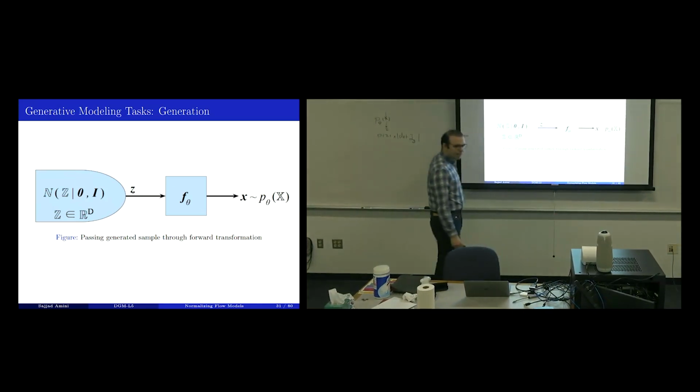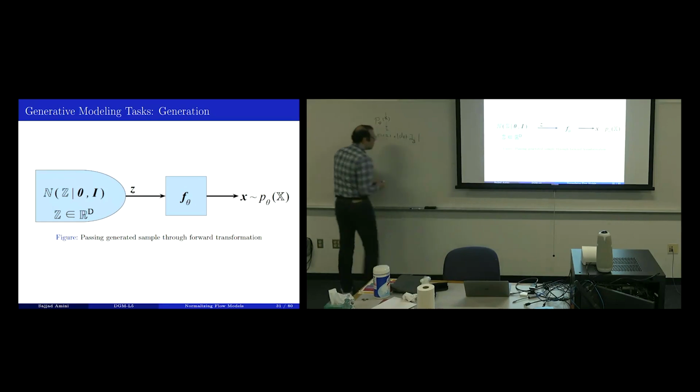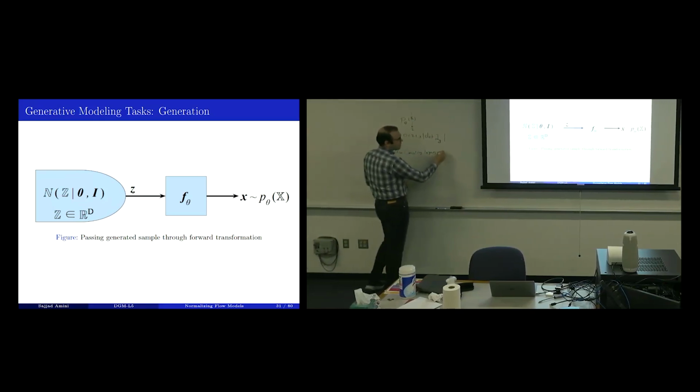So the sampling is very simple, but it may be tricky in some cases. But in the case of what we have in the NICE model, it can be easily sampled using this distribution, because we know that this F is a composition of several additive coupling layers and a rescaling layer.